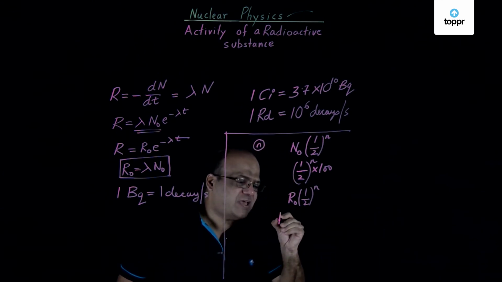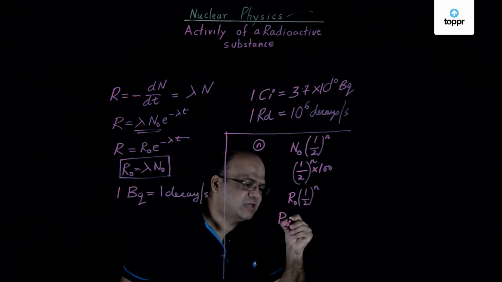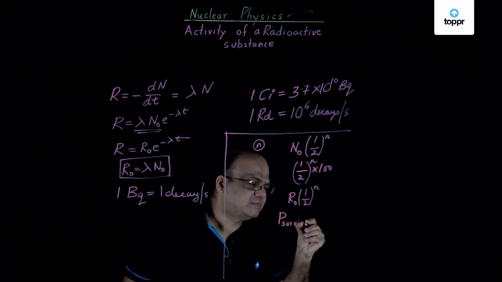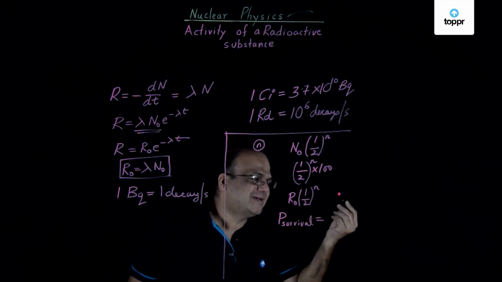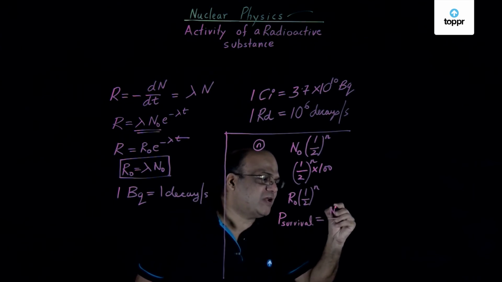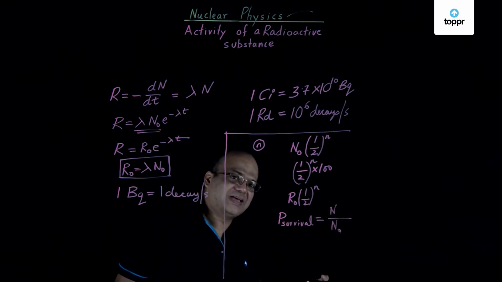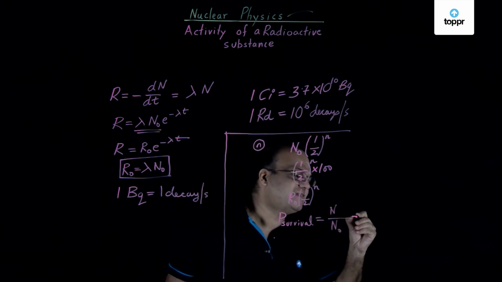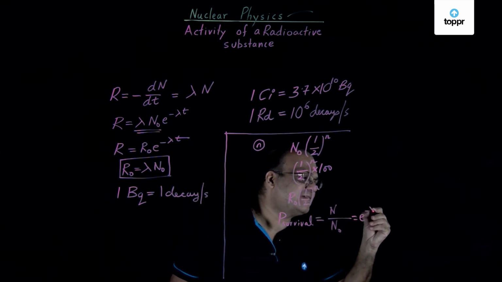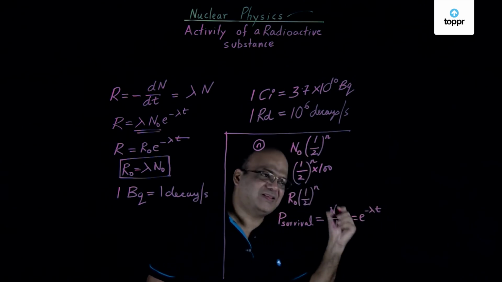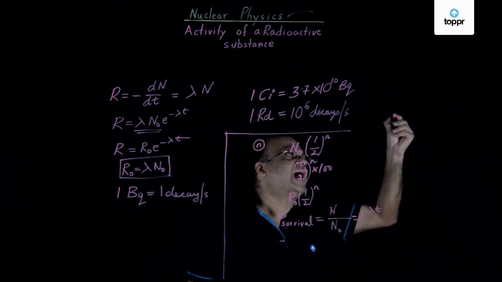So, P survival will be given by N by N naught. N number of nuclei are there. Now, initially they are N naught. This is e to the power minus lambda t. This is P survival.